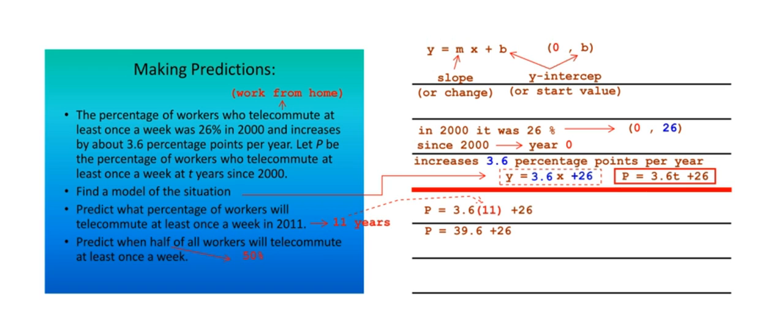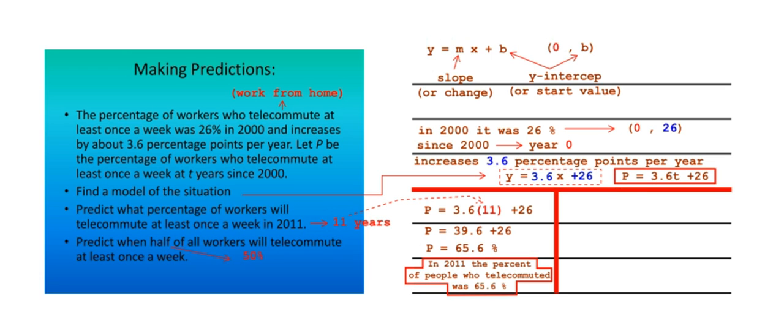You might want to try your calculator for this one. For the 3.6 times 11, it could help. And then 39.6 plus 26, that should give us 65.6% roughly. So therefore, in 2011, the percentage of people who telecommuted or worked from home was roughly 65.6%. There's our answer.